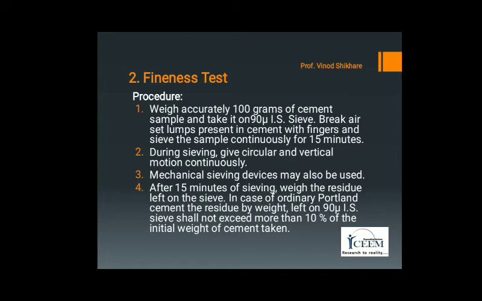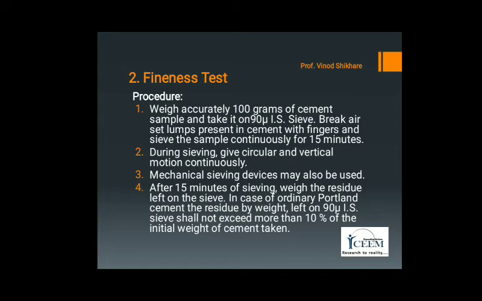Second test to check the fineness of cement is the air permeability test. In this test, the specific surface area of cement particles is calculated. This test is better than the sieve test and it gives an idea of the uniformity of fineness.